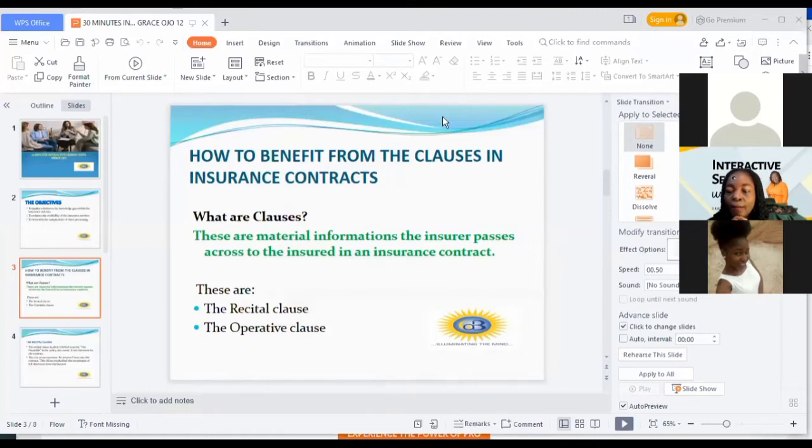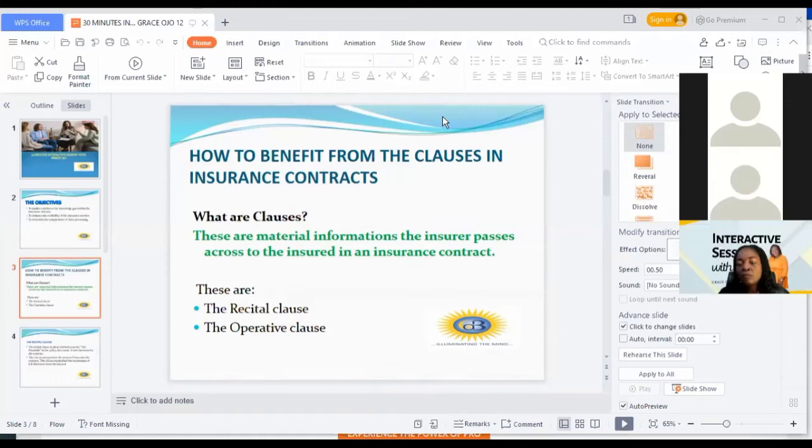Thank you very much for today's presentation about how to benefit from the clauses in an insurance contract. The question I want to ask is this: at times when you buy an insurance policy, when they want to write some of these clauses, they write them in such a way that you will not be able to read, because some of them are written in a very small font size. When you are reading, you just rush through all those clauses in the policy documents.